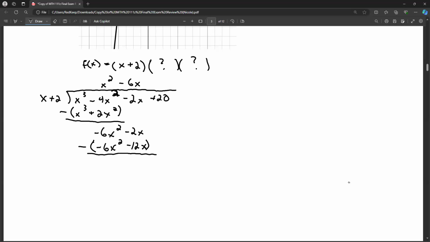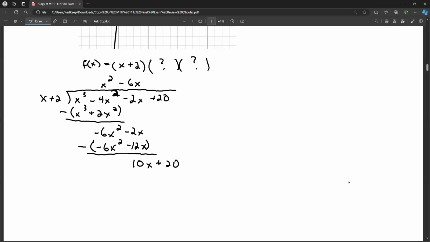Of course, negative 6x squared minus negative 6x squared equals 0, which is what I want. Then I have negative 2x minus negative 12x, which is negative 2x plus 12x, which is 10x. Then I bring down the last term, and that ends our second run through the algorithm for dividing.